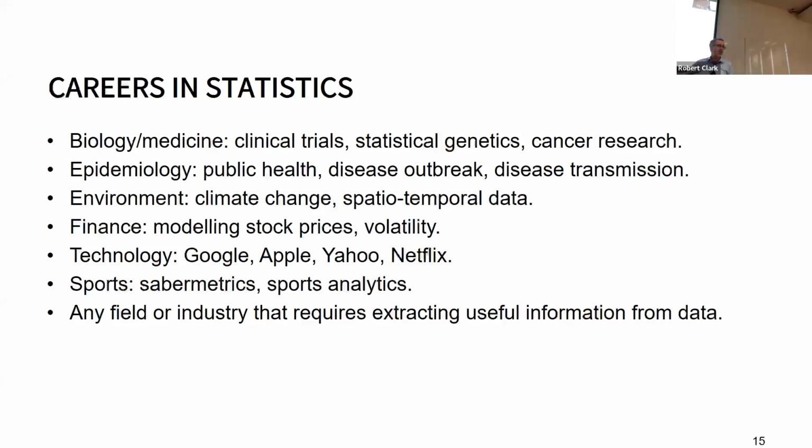In finance, statisticians are involved in modelling stock prices and modelling volatility. And in technology, there are statisticians working on big data type problems for Google, Apple, Yahoo, Netflix, and many others. Statisticians work in sports analytics, and really any field or industry that involves extracting data and understanding data.